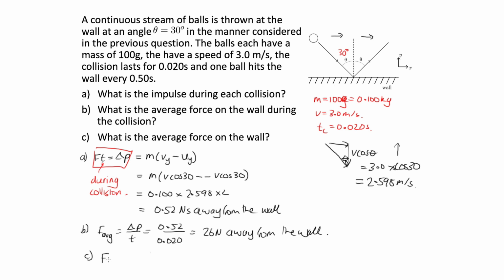So F is equal to 0.52 divided by 0.50, and that is equal to 1.0 newtons away from the wall. So we'd expect this to be a lot less than this, because there's a lot of time when there is no ball applying a force to the wall.